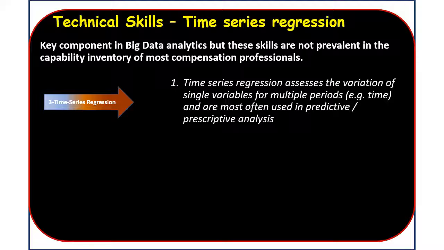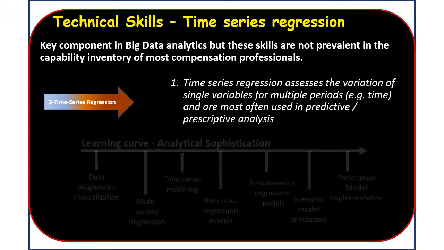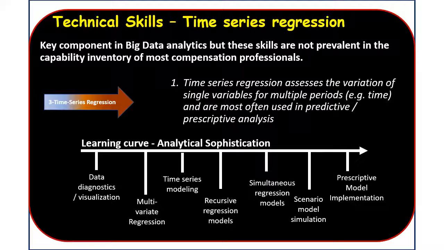This is not a skill set resident in most compensation or HR departments. Time series regression starts with understanding the shape and the sign of relationships between variables, and it then progresses through model building and implementation. The learning curve graphic shows key milestones in knowledge development. Time series modeling is among the most sophisticated analytics used in the HR space.